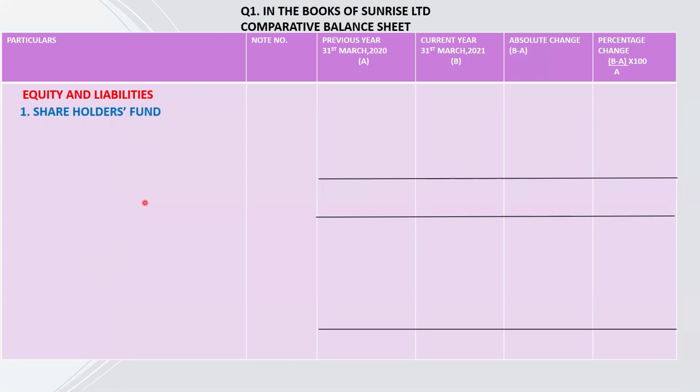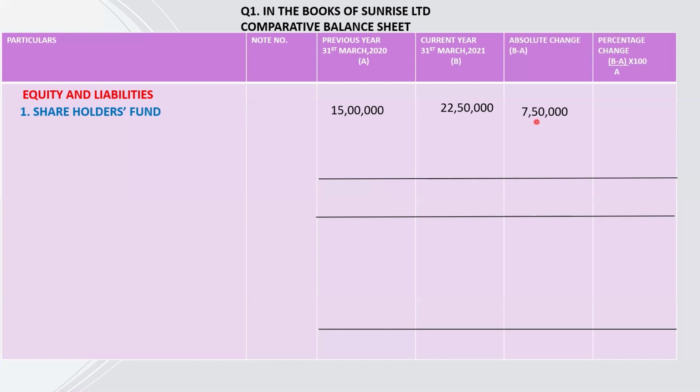Shareholders fund for previous year is 15 lakh, and for current year it is 22 lakh 50,000. In previous year you will write 31st March 2020, and in current year you will write 31st March 2021. Now the absolute change is the difference of 22 lakh 50,000 and 15 lakh, which is 7 lakh 50,000.